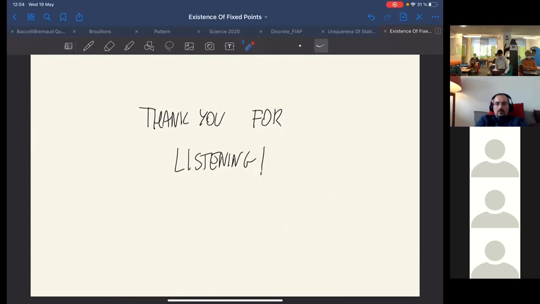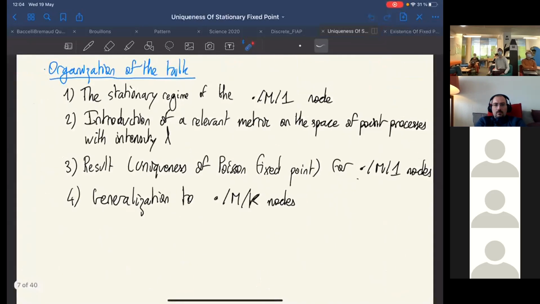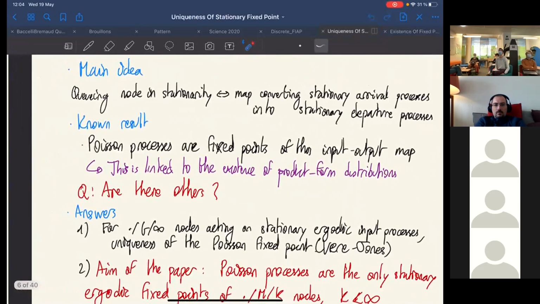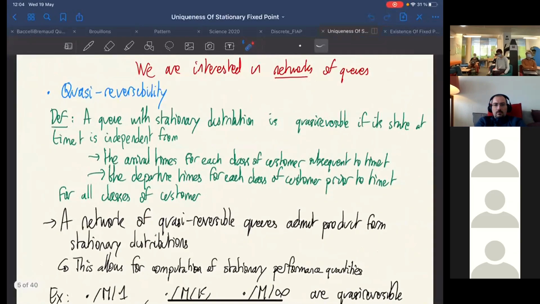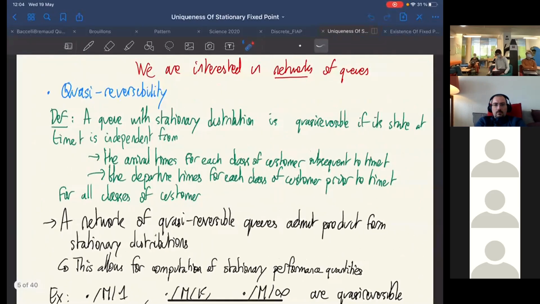I have other notes where I mentioned why this is important. Yes, so the idea is that you can compute stationary performance quantities for the queues.